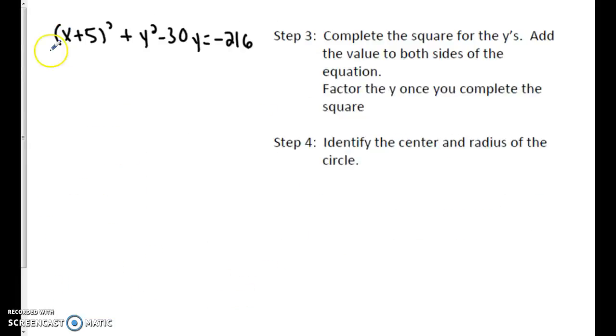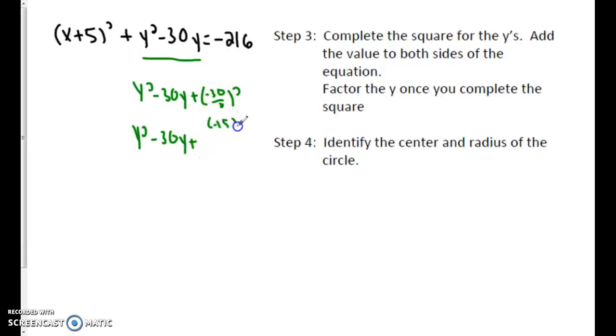So what I'm going to do is repeat that same thing with my y's. I'm going to take y squared minus 30y, and then take my middle term, negative 30, over 2 squared. So that's y squared minus 30y plus negative 30 over 2, which is negative 15, squared gets me positive 225.